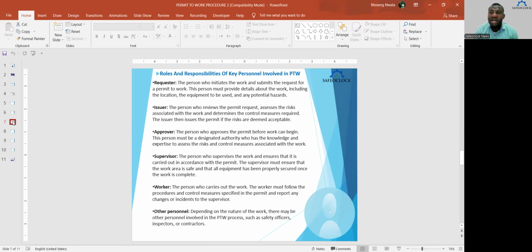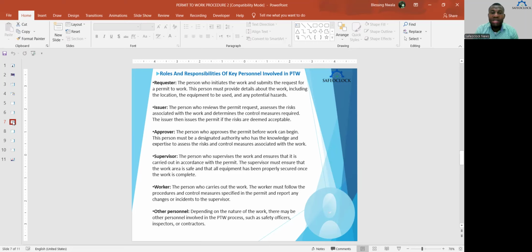So this person requests the permit. For you to be a permit requester in most organizations, you must also be competent. You must have gone through the training on the permit to work procedure of that organization, and you must have understood how the permit to work management system operates in that organization. So that is the role of the permit requester.